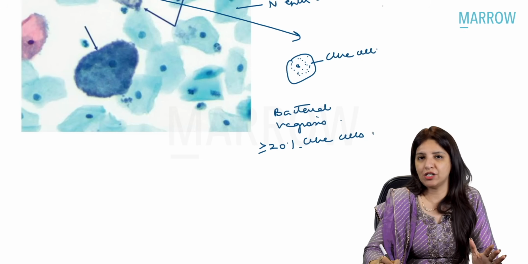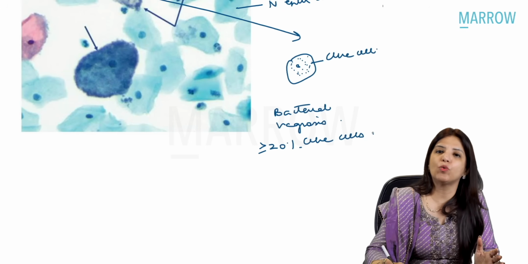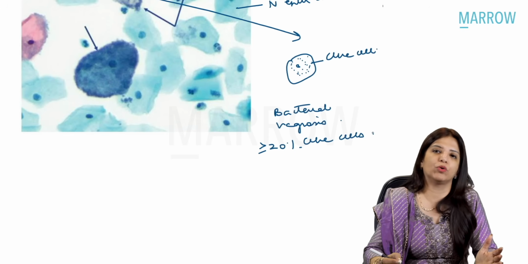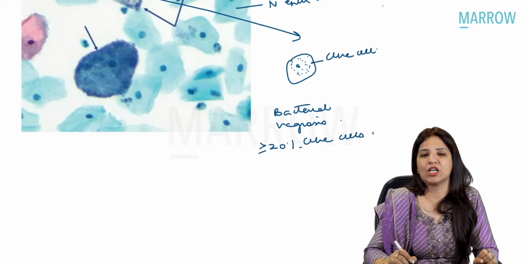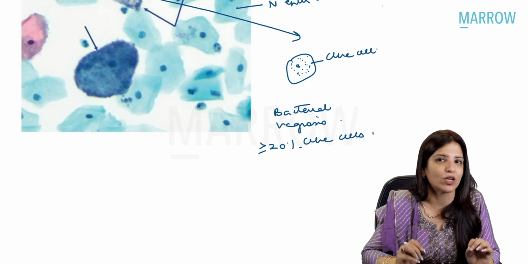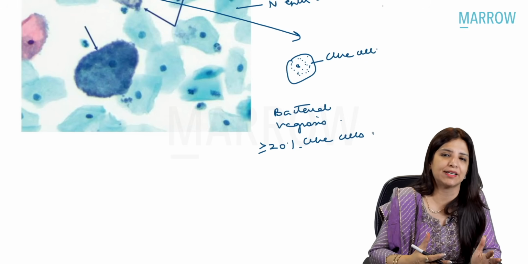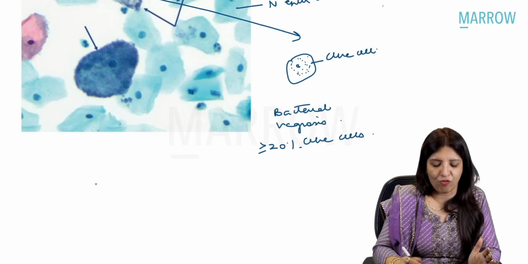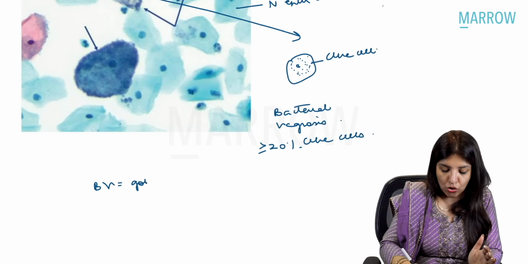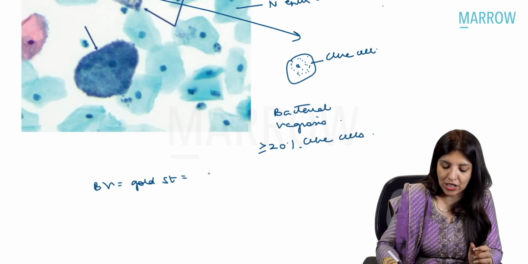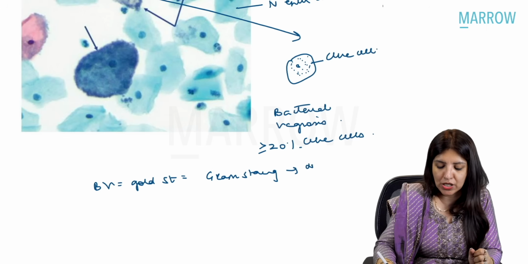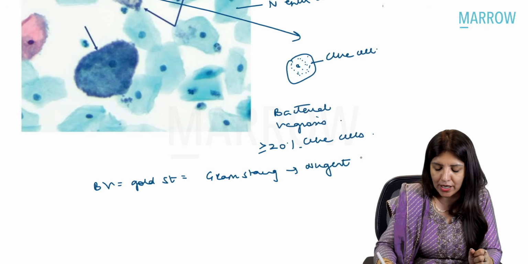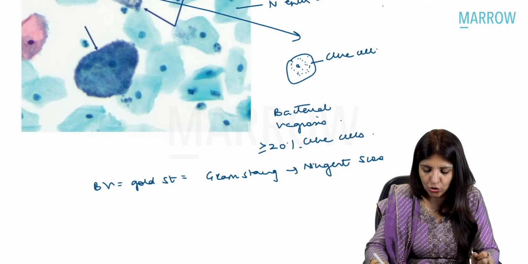In case of bacterial vaginosis, when you do saline microscopy, you are going to get clue cells, and the gold standard investigation in bacterial vaginosis is not culture, whereas in Trichomonas and Candida, it is culture. In case of bacterial vaginosis, the gold standard investigation is gram staining. And on gram staining, you are going to take out the Nugent score. Clear to all of you?